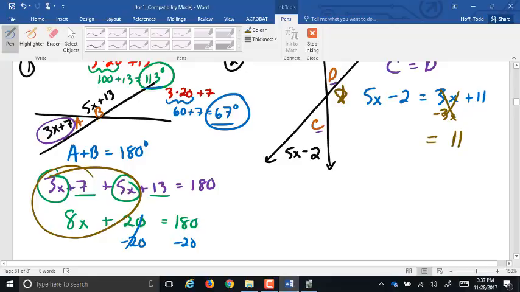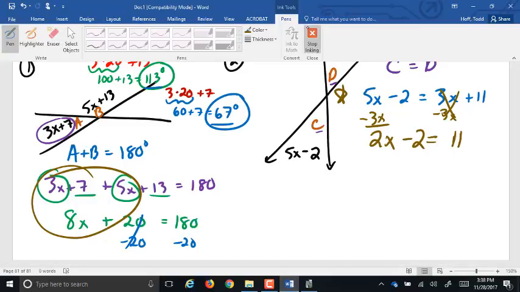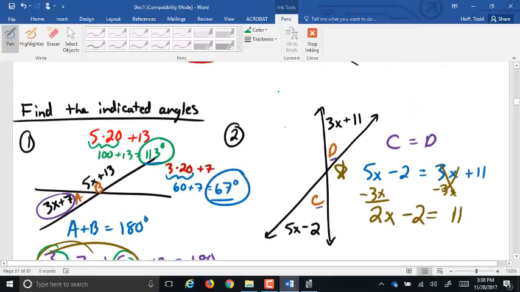I have to subtract 3x from the left side as well. I can only take that away from the 5x. So 5x minus 3x is 2x. We still have the negative 2 there. Now what?